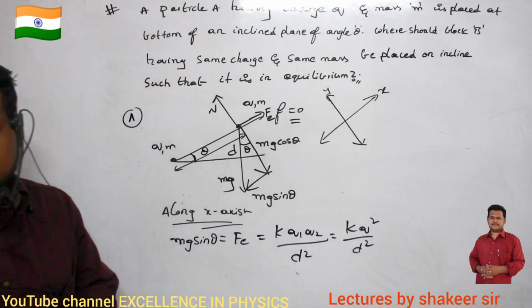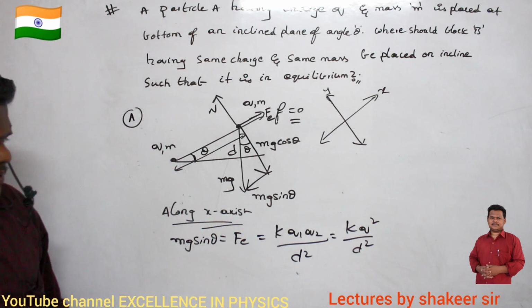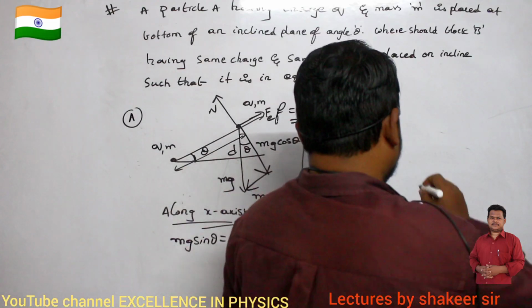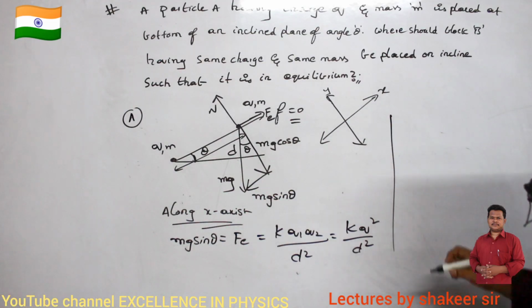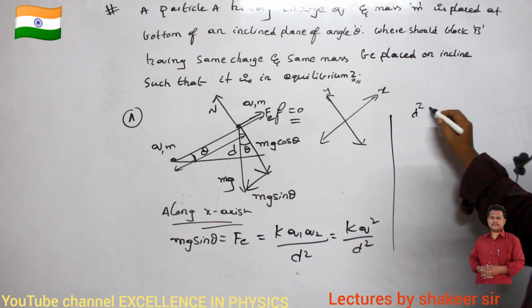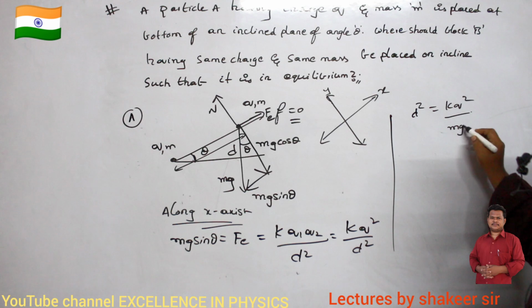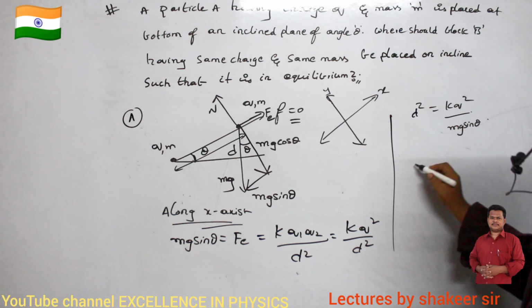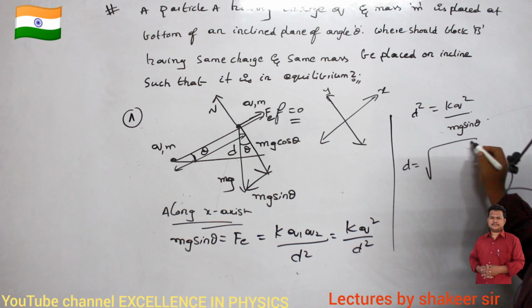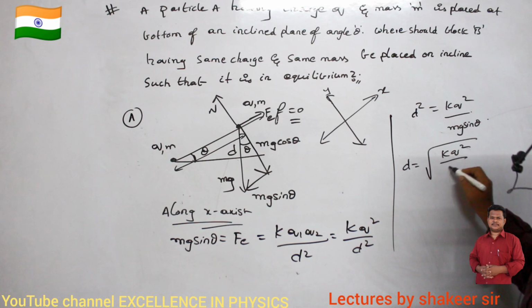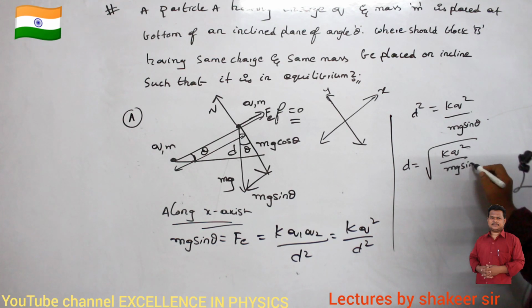Okay, come on, make a note of this one. So d square is equal to k q square divided by mg sin theta. So d is equal to the square root of k q square divided by mg sin theta.